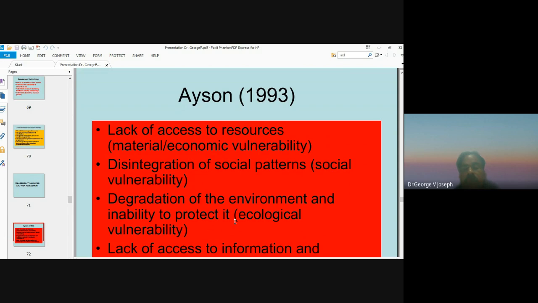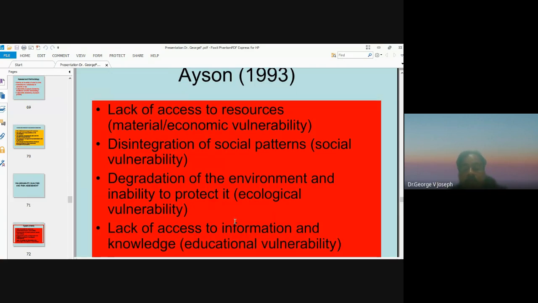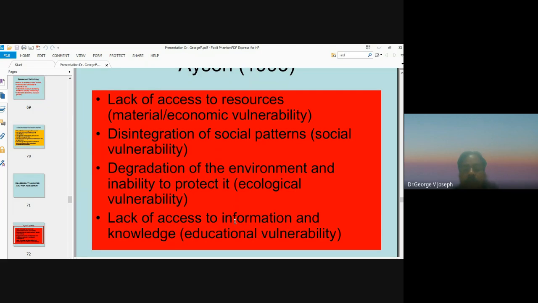So this also: environmental degradation may also increase the vulnerability. Lack of access to information and knowledge, this is again educational vulnerability. In the case of Bhopal, for example, the Bhopal gas tragedy, I perhaps mentioned earlier, the people who were knowledgeable did not run away from the house.